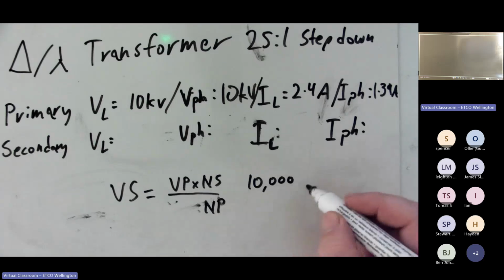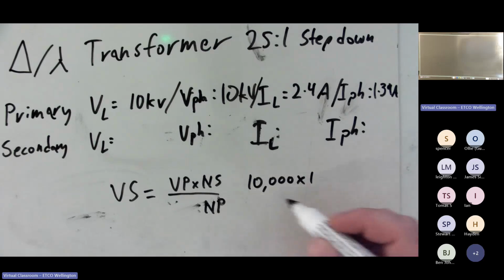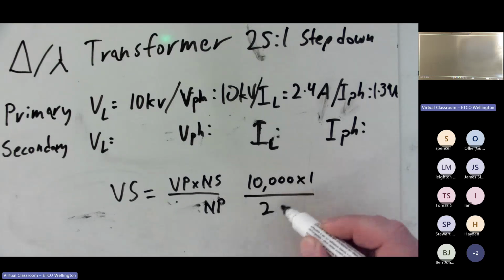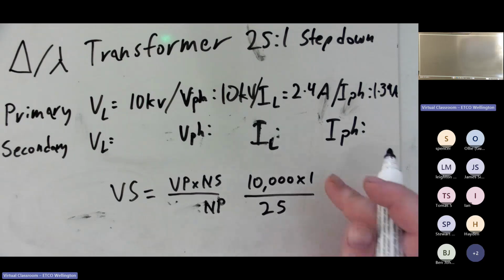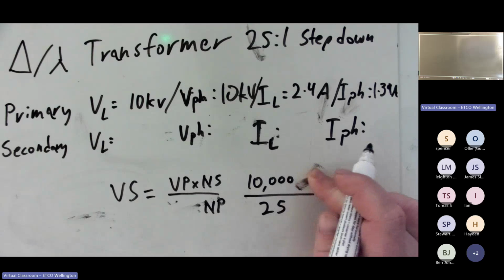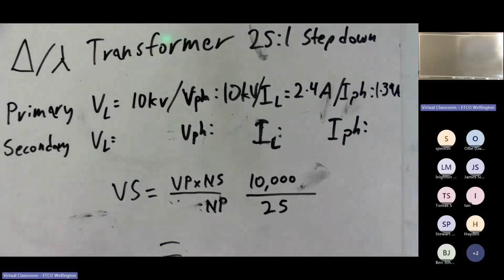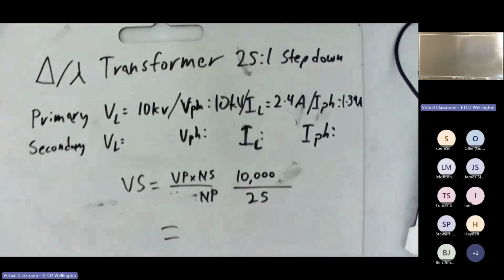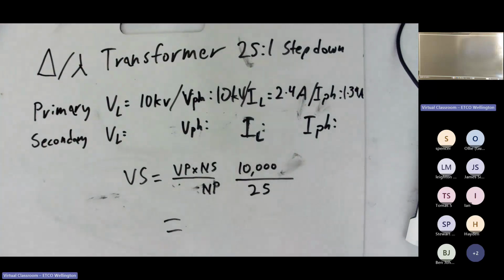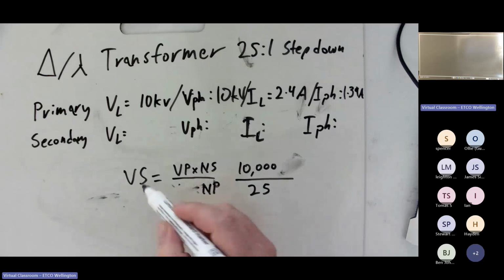And we know that the voltage primary is 10,000. The number of turns on the secondary is 1. And we know that it's 25 on the primary for the turns. So basically, we get rid of this because it's just 1. It's 10,000 divided by 25. That gives us our voltage secondary, VL secondary.